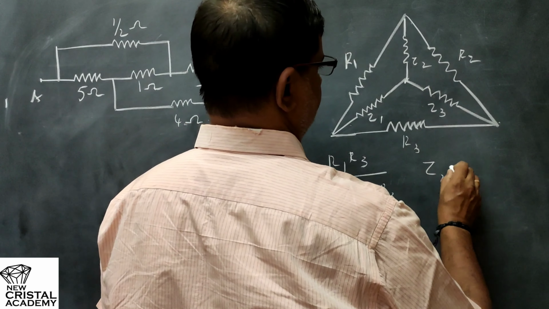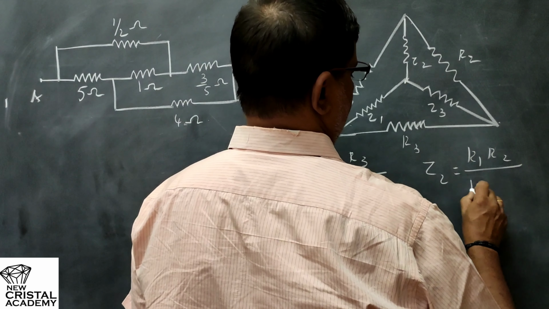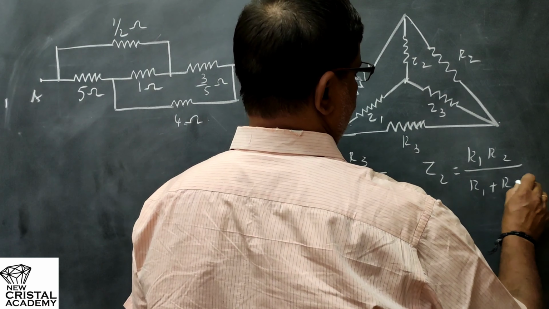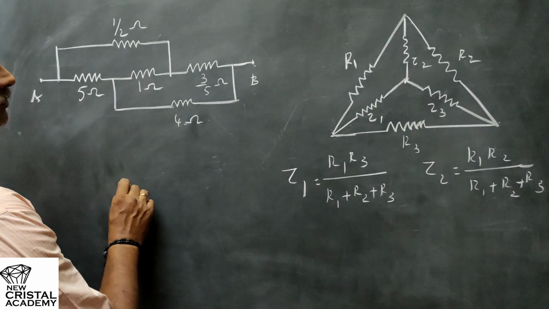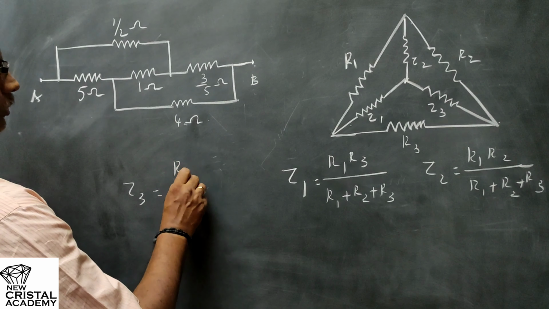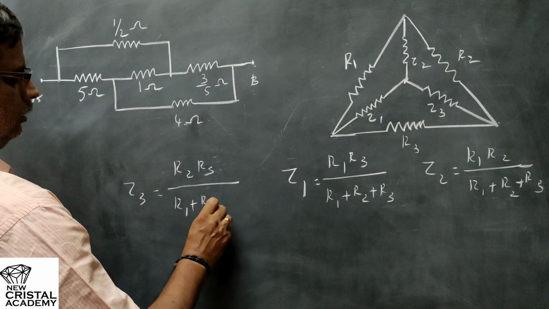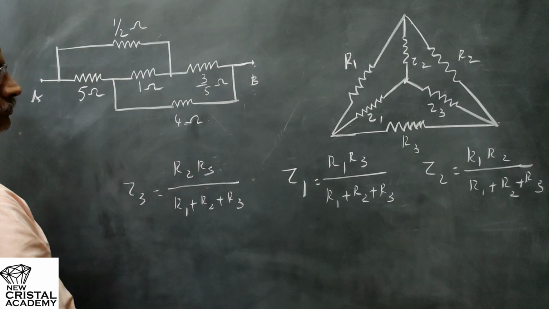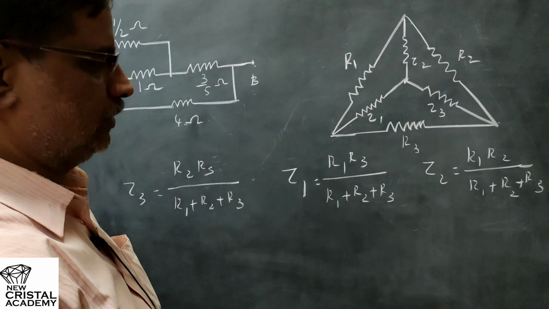Similarly, Z2 is R1 R2 divided by R1 plus R2 plus R3, and finally Z3 will be R2 R3 divided by R1 plus R2 plus R3. So remember these 3 results, Z1, Z2, Z3.